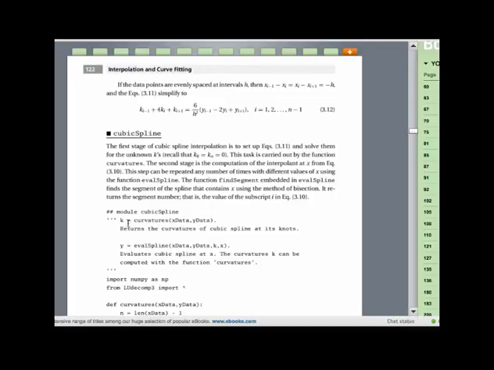Once you have those curvatures in that array k, that's fed into a function called eval spline that will actually evaluate the spline depending upon the value of x that you give it. So you need your original x data and y data, and the curvatures produced by this function, and then say where you want to evaluate the spline, at any point that hopefully lies somewhere in the mesh between x0 and xn.